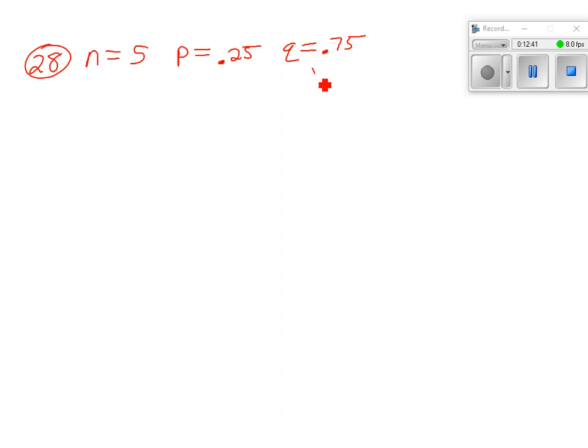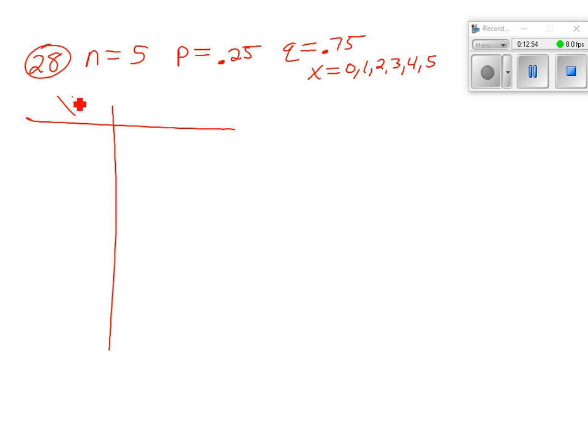Our X's, what are they going to be? 0, 1, 2, 3, 4, 5. We'll make our chart. I'm not sure why I made that so big. It doesn't need to be that big.